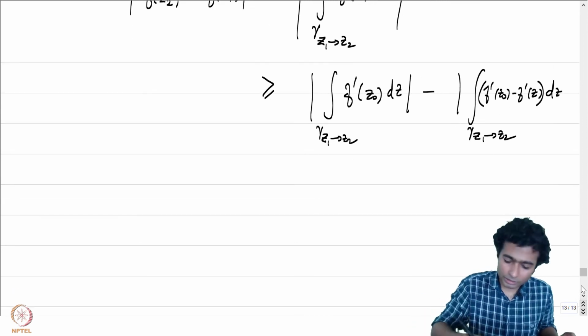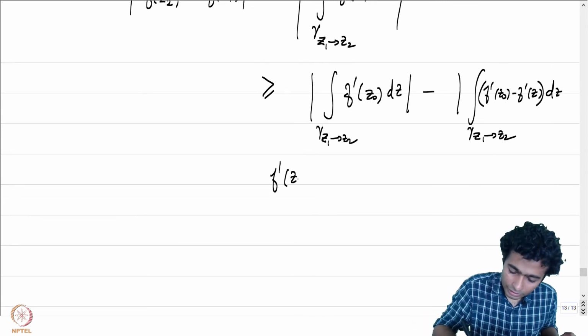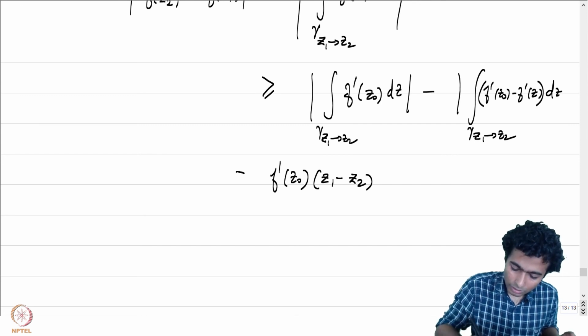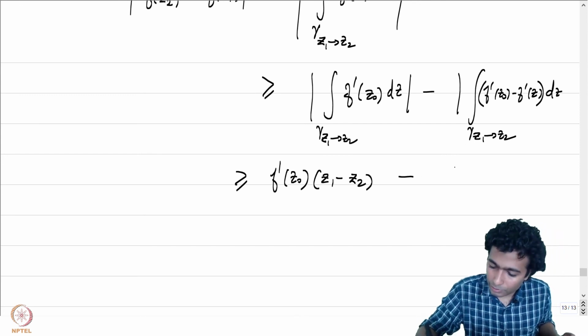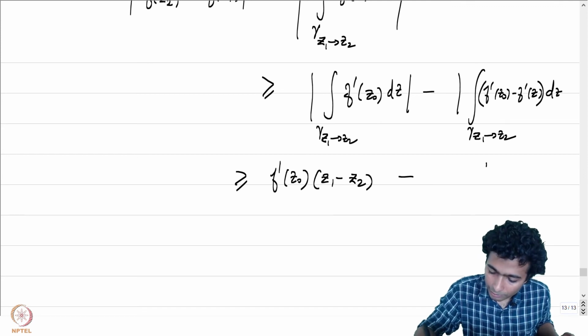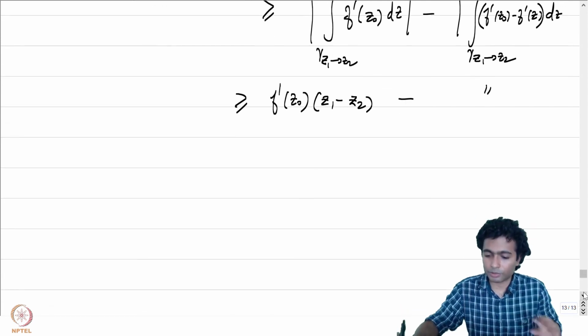The first one is just f prime of z0 times z1 minus z2, minus the absolute value here, and let's focus on that absolute value.